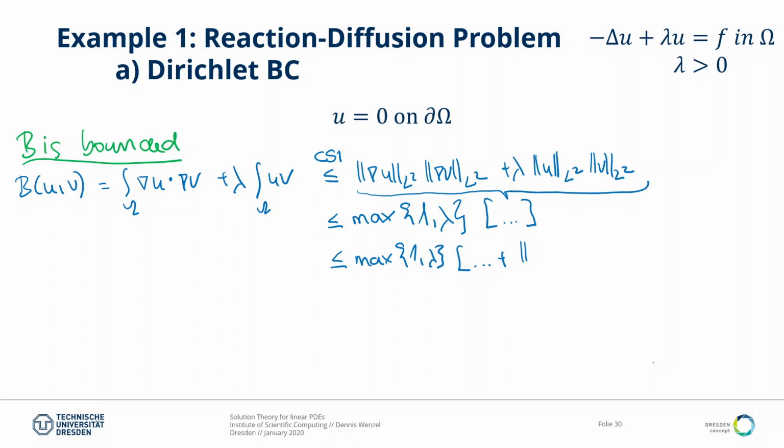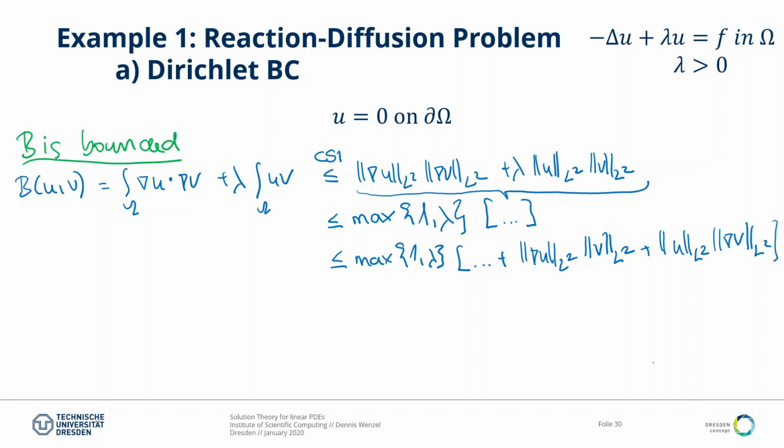As long as I'm adding something that's non-negative, I will definitely not make the stuff smaller, so my inequality is still true. And what I'm adding here is gradient of u in L2 norm times v in L2 norm. Okay, that's kind of the product of this part and this part. And the last thing I'm adding is the L2 norm of u times the L2 norm of the gradient of v. Kind of some mixed products here.